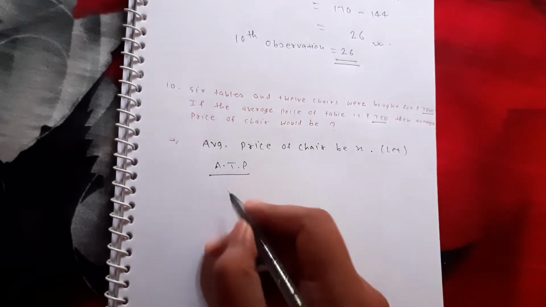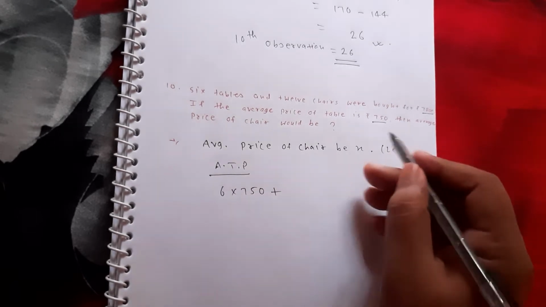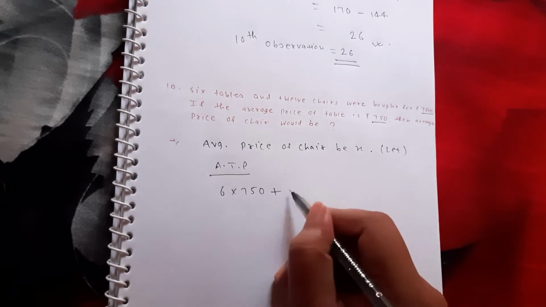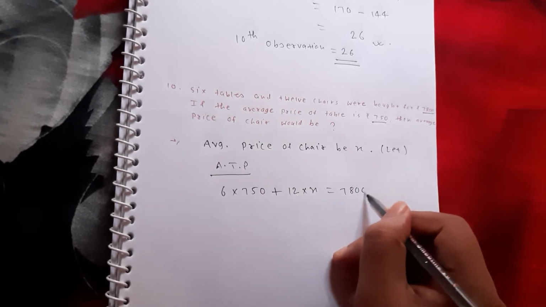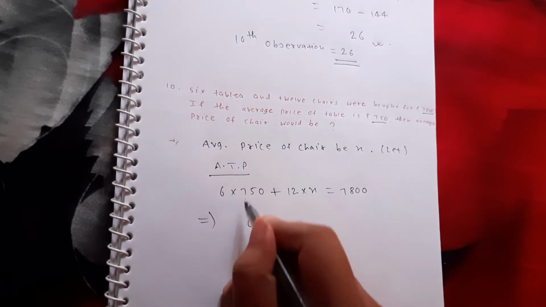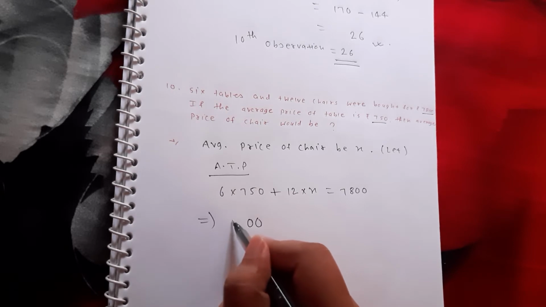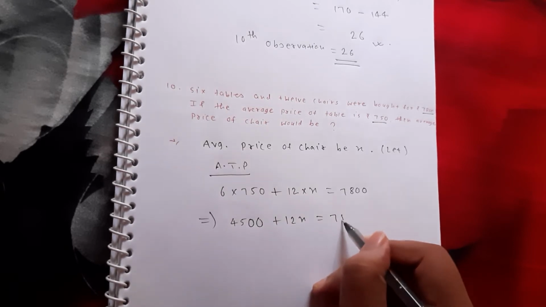We have the tables, that is 6 into 750, plus 12 chairs, that is 12 into x, equals 7,800. 6 into 750 is 4,500, plus 12x equals 7,800.